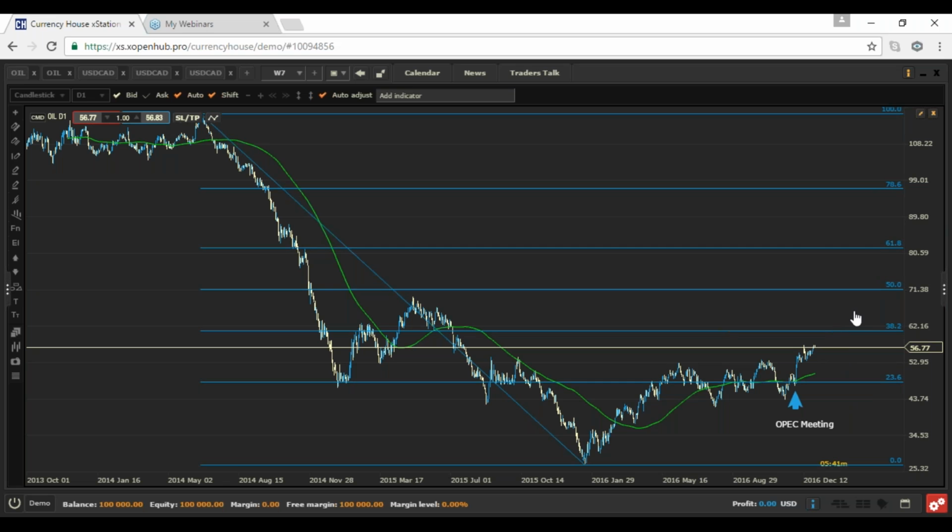In case of something strong for the bulls of oil, we definitely can see attempts to try the level of 50% retracement from this downside movement, which is 71 roughly US dollars per barrel.